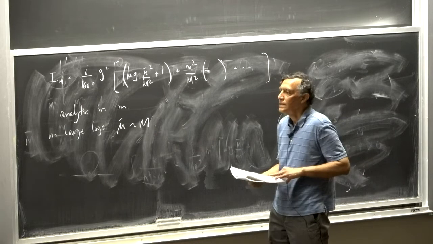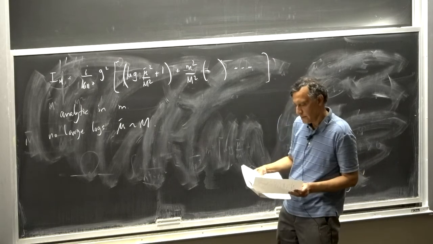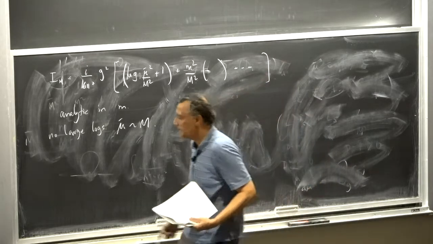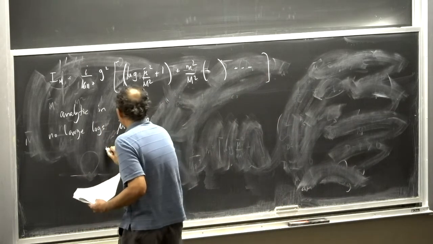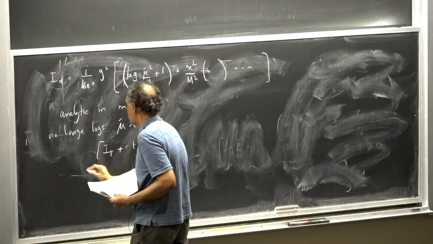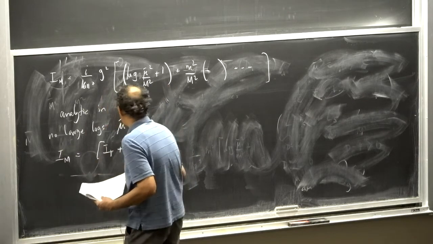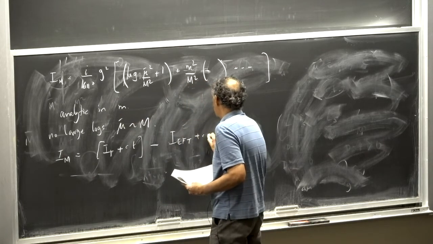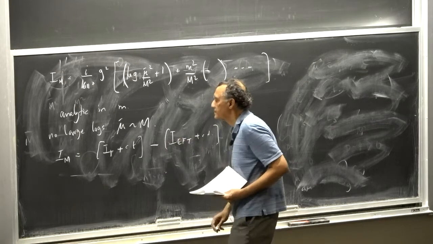Now, maybe I should answer your question at this point. So what did we do here? We said that we had I_F plus counterterm and I_matching minus I_EFT plus counterterm.